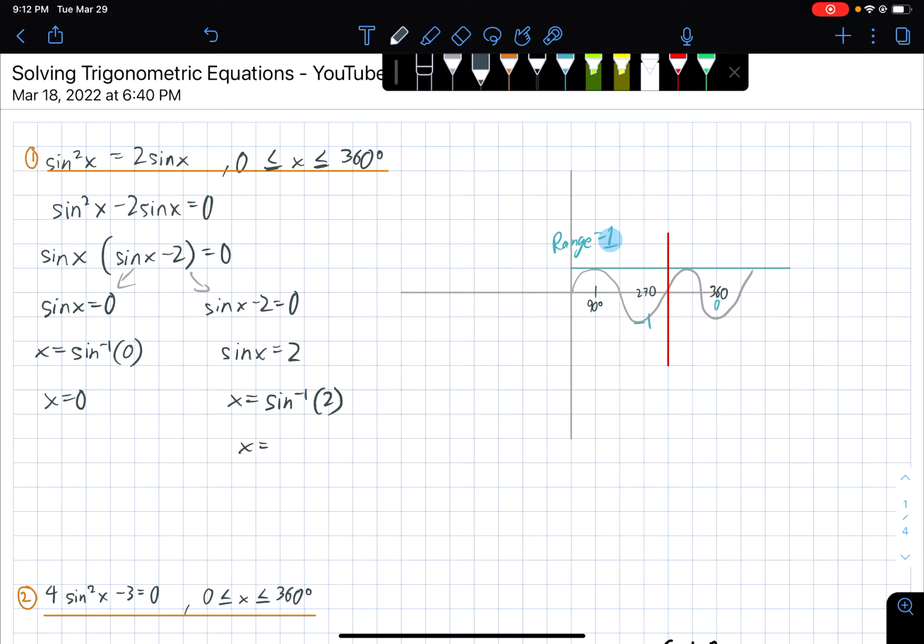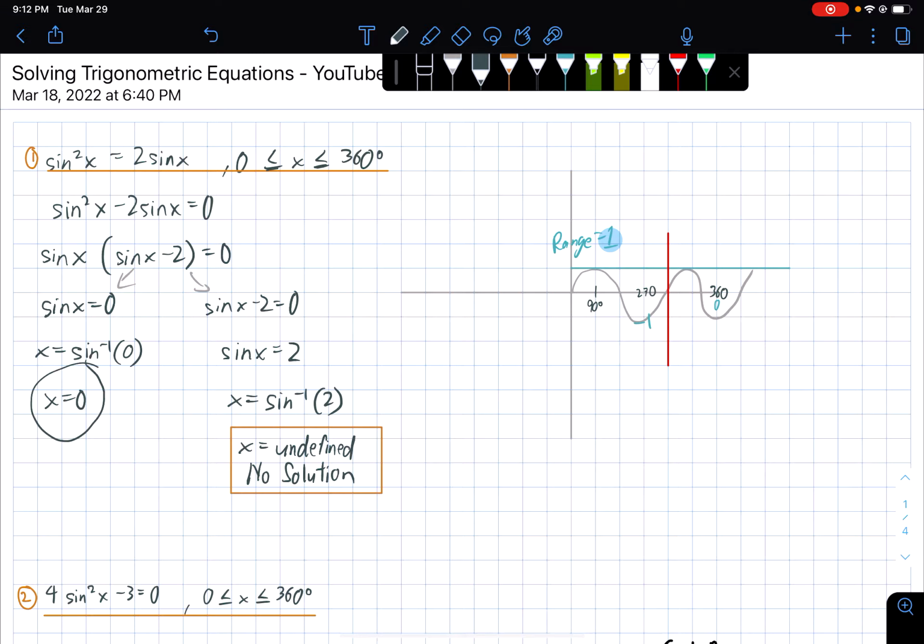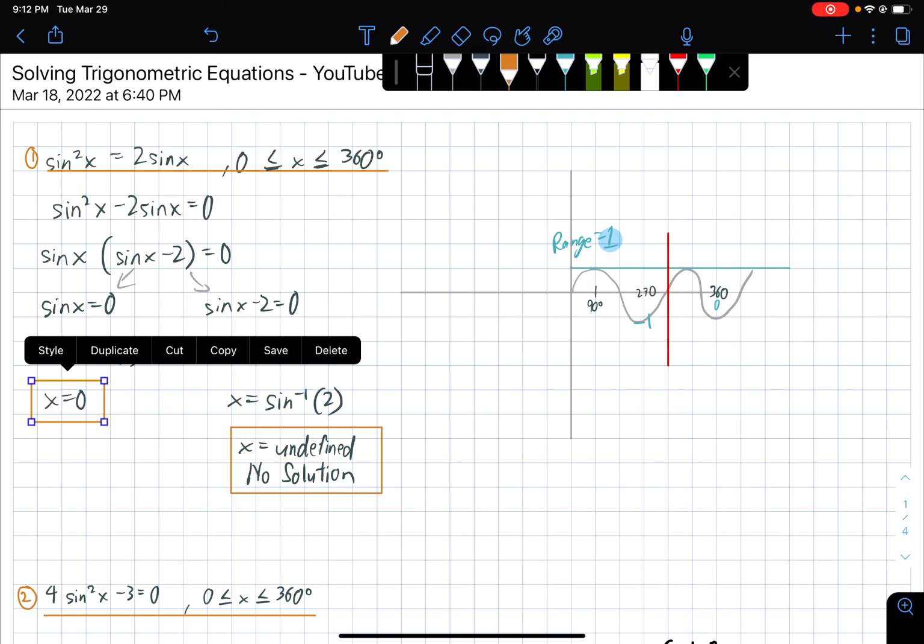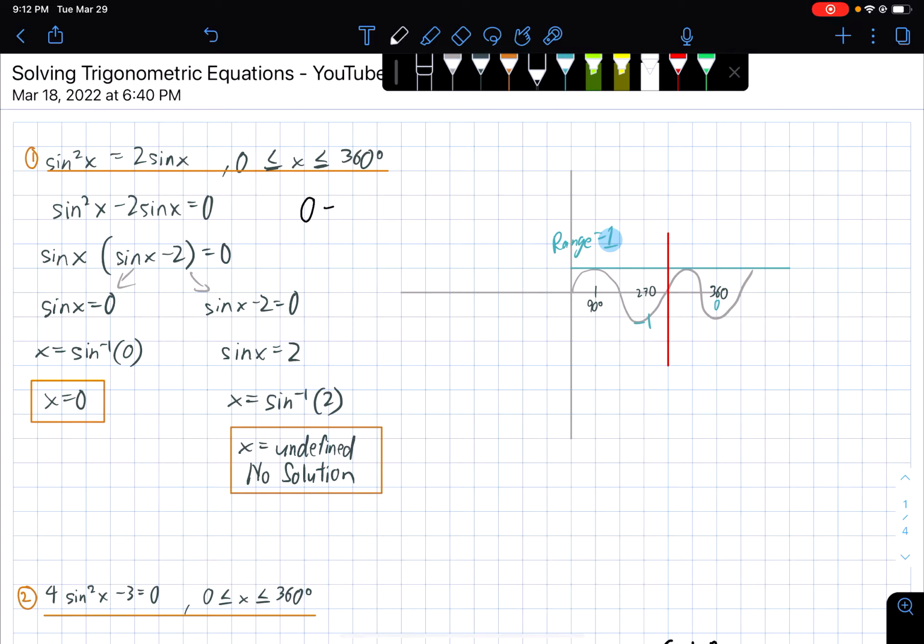When the calculator says that a particular solution is a math error, that means x is undefined, or in other words, there is no solution at all. So for this part, this is considered a solution since it falls within the specification that the solutions could only be from 0 to 360, as you can see here.